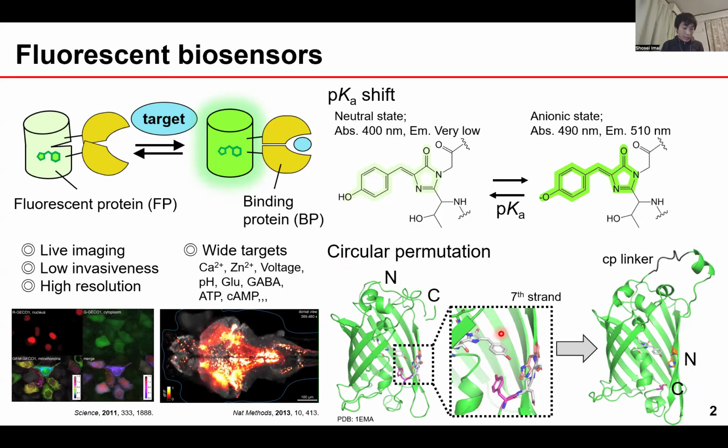To make GFP more sensitive to outer environmental changes, we connect its original N and C termini with a short peptide linker and create new termini at this position. This procedure is called circular permutation and makes GFP more responsive to conformational changes because the GFP chromophore is more exposed to the outer environment. Then we insert this circularly permuted fluorescent protein, or cpFP, into the binding protein.